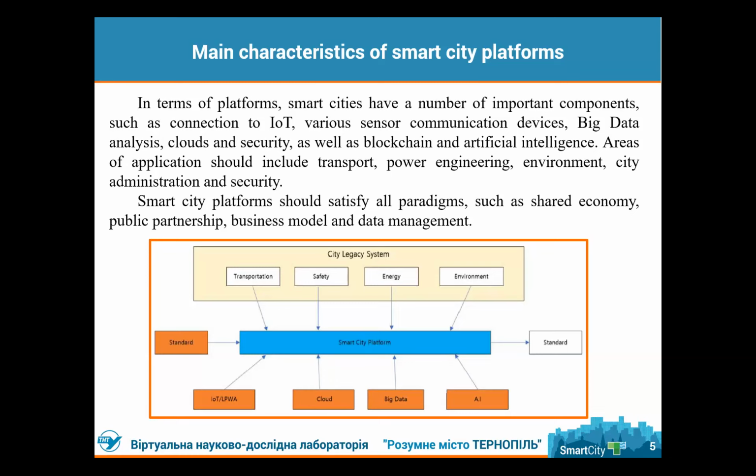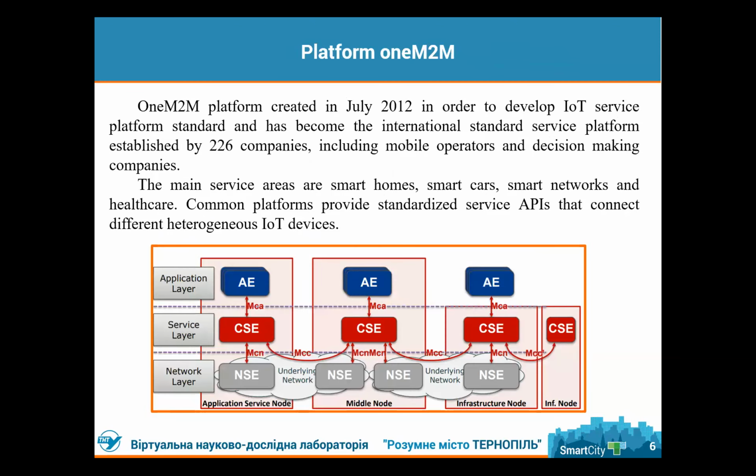Three smart city platforms were considered for further comparison. The next slide shows the main characteristics of smart city platform oneM2M. The oneM2M platform was created in July 2012 in order to develop an IoT service platform standard and has become the international standard service platform, established by 226 companies, including mobile operators and decision-making companies.